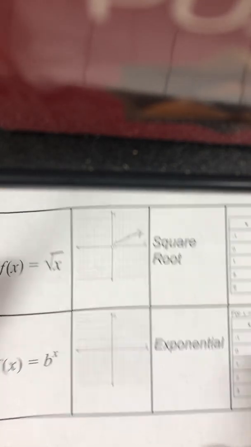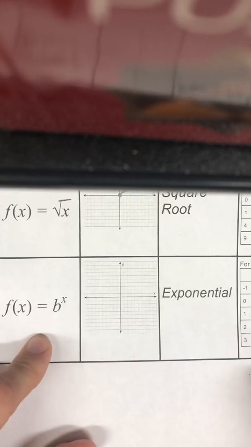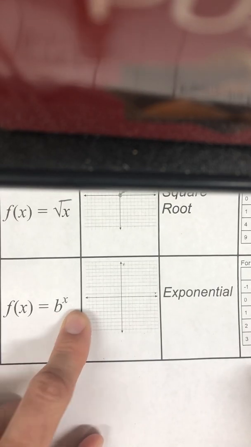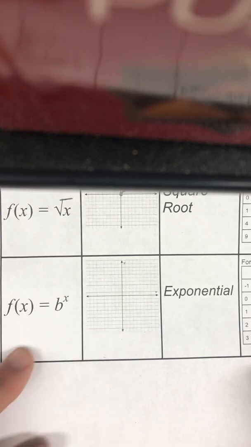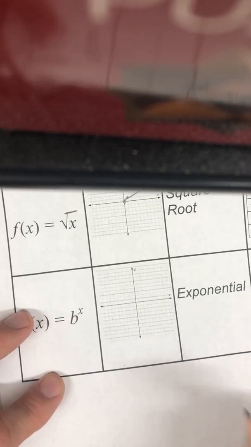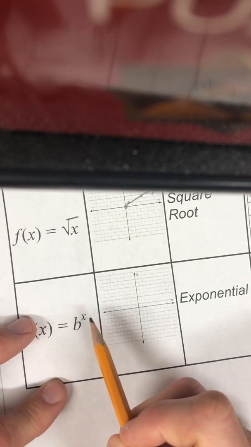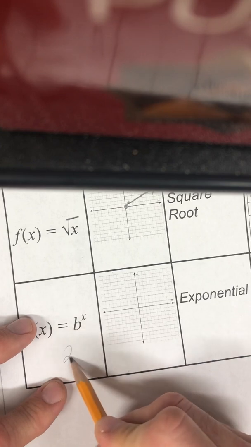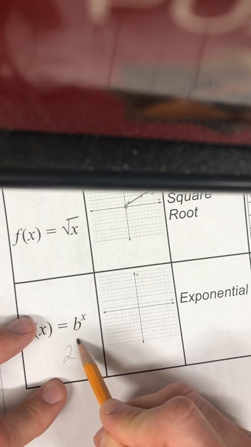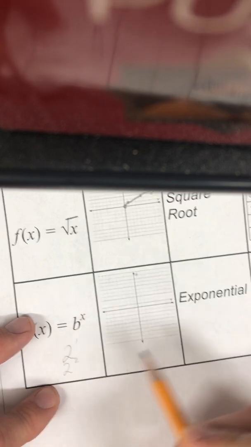And the last one is exponential. This is where the x is the exponent. And you can pick any number you want. Typically I say 2, so it might be 2 to the 1, then 2 to the 2.